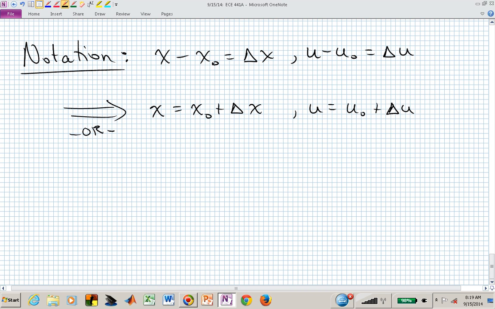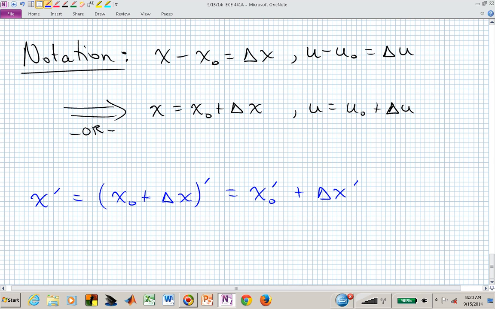So that now we could look at that another way. We could say, let me find the derivative of x. Well, that's now x naught plus delta x prime. That's now x naught prime plus delta x prime.